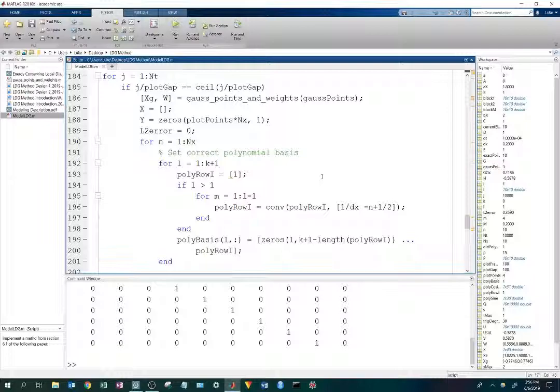So instead of computing this, the way you compute this integral is that you just choose a number of points in the space you're integrating over, evaluate the function at those points, and then take a weighted average of them.